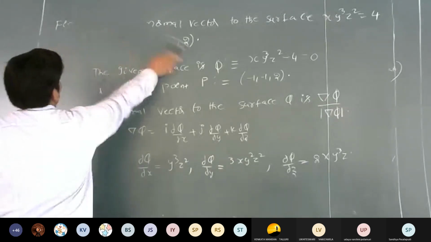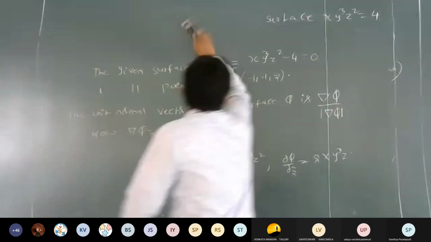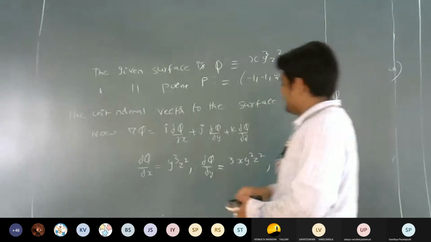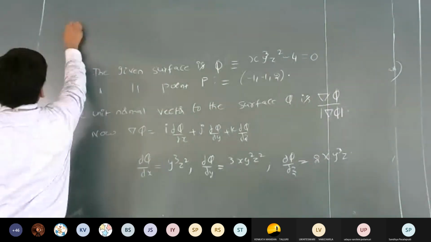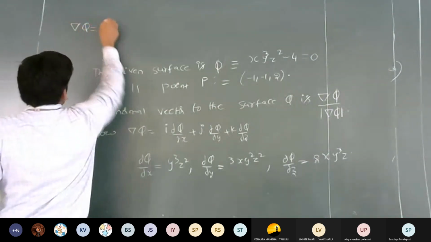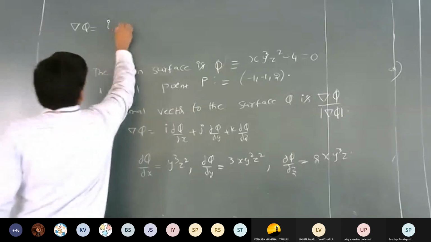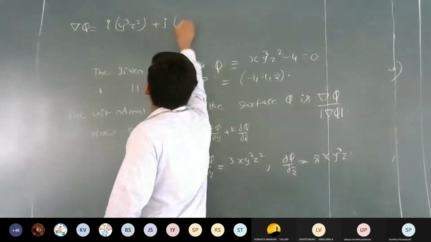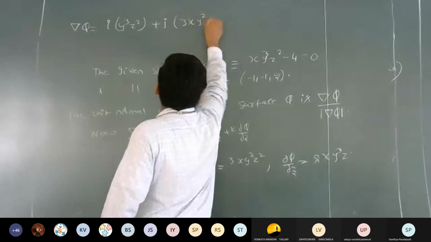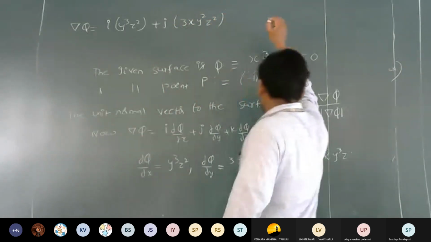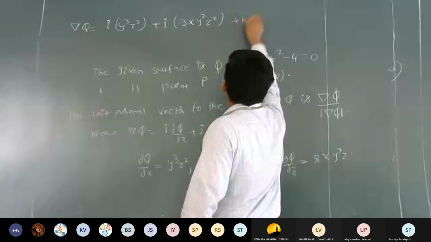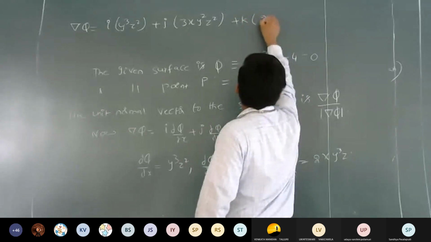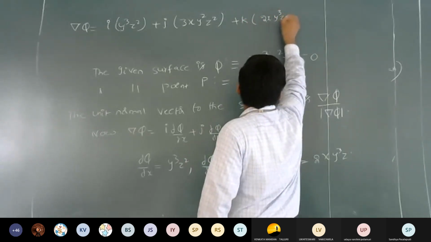So therefore, del phi is equal to I into what is the value of dou phi by dou x? Y cube z square plus j into 3x y square z square plus k into what is that? 2x y cube z.